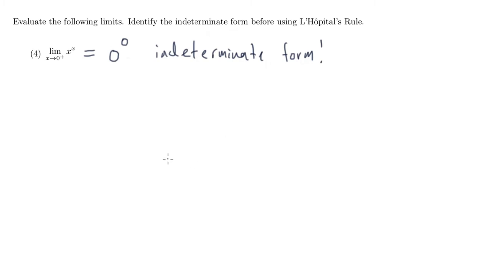What we want to do first of all is assume that this limit exists. You can actually prove that it exists, but let's just assume it does. So let capital L equal the limit as x approaches 0 of x to the x.